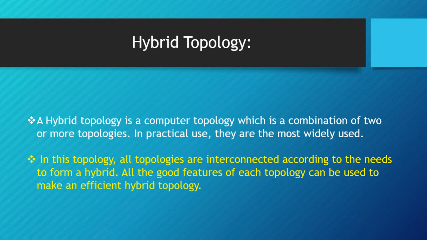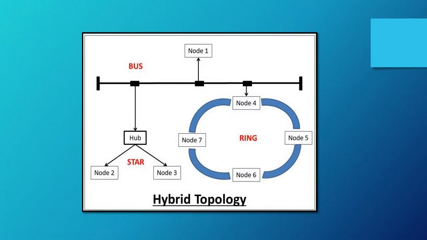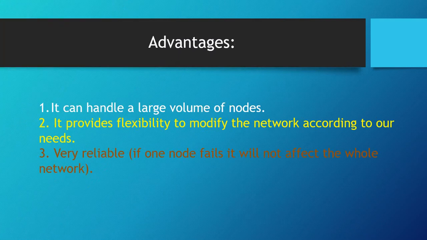So all the good features of each topology can be used within this hybrid. This is a simple example of hybrid. You can see the combination of bus, star as well as ring topology. Whichever good qualities they have get included within the hybrid topology.